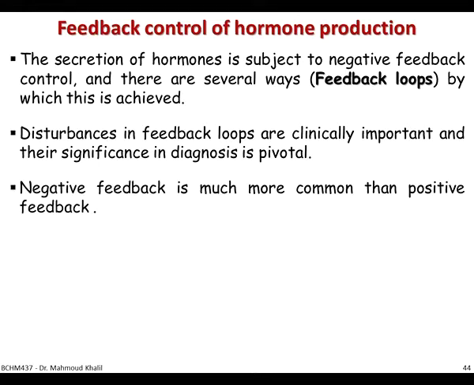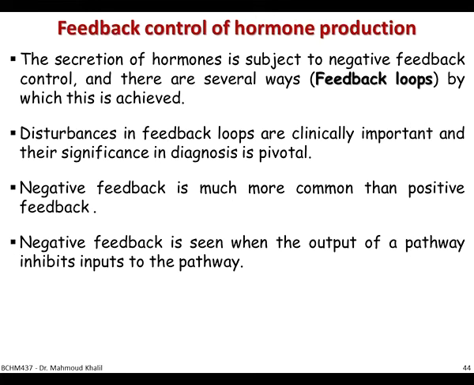The negative feedback is much more common than the positive feedback. So normally we have a lot more negative feedback loops than positive feedbacks. Of course, the positive feedback leads to an increase in the concentration of the hormone in the blood. Negative feedback is seen when the output of a pathway inhibits the input of the pathway.